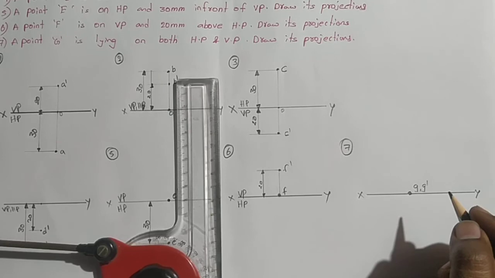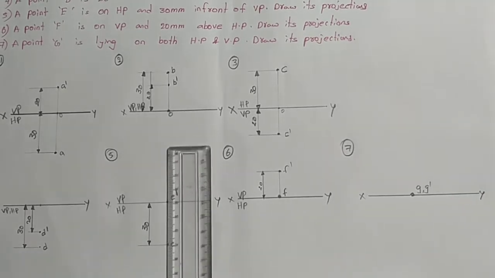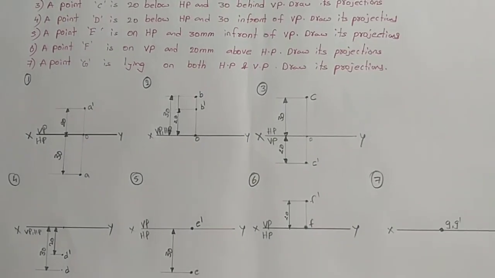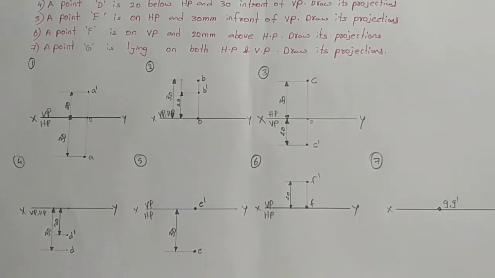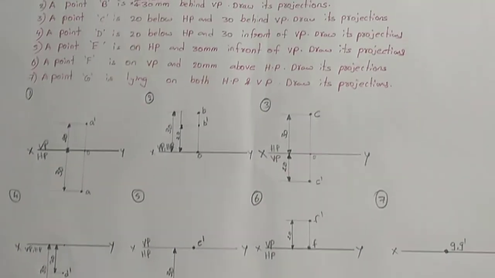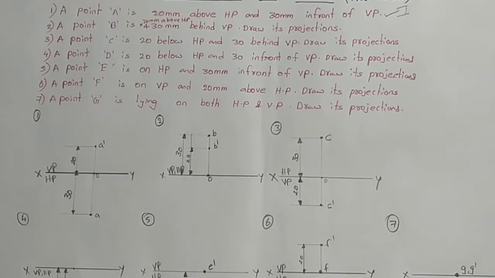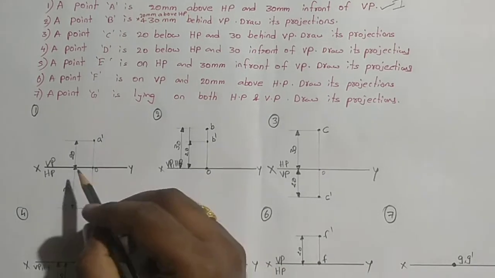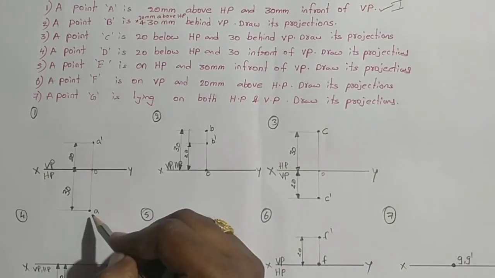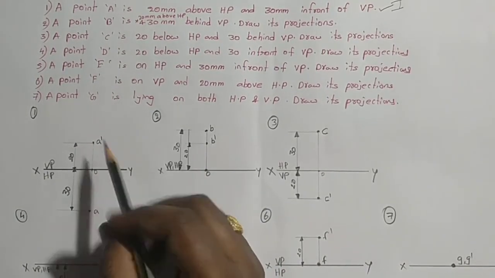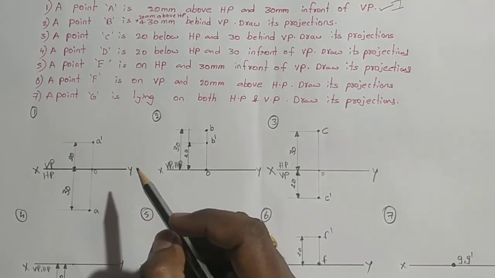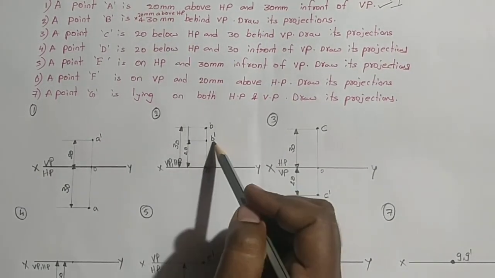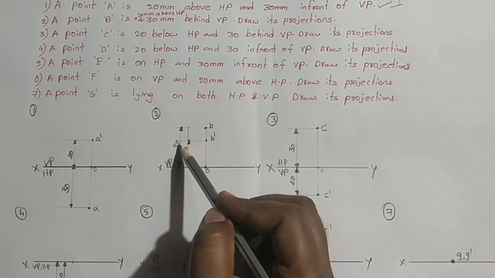Okay, that is the question on points in any quadrant. Now we have solved all the given conditions. First condition: a point A is 20 mm above HP and 30 mm in front of VP. It is the front view and the top view. In the second condition, the point B is 20 mm above HP, which gives the front view, and 30 mm behind.